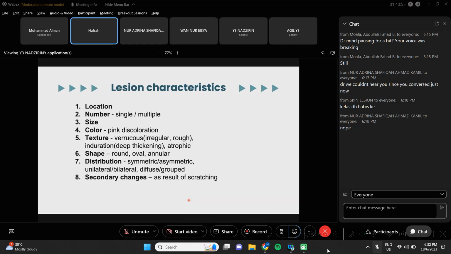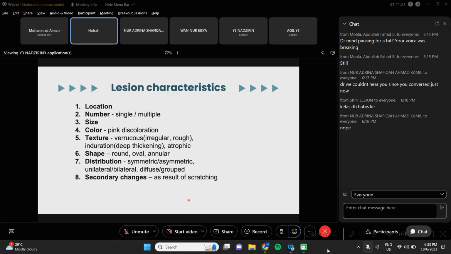Other patterns are diffuse or grouped. So an example of a grouped rash is herpes simplex. They are usually grouped monomorphic vesicles on a base of erythema. Okay, they can have secondary changes like crusting, impetiginization with secondary infection. You can have a diffuse rash as well.